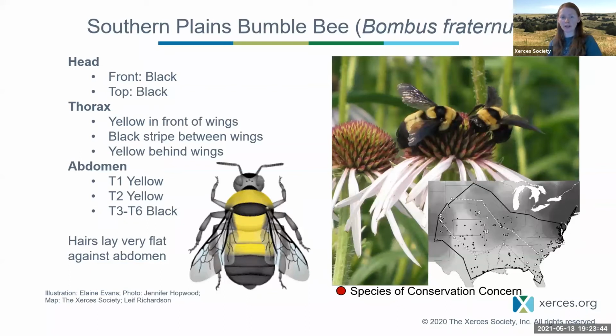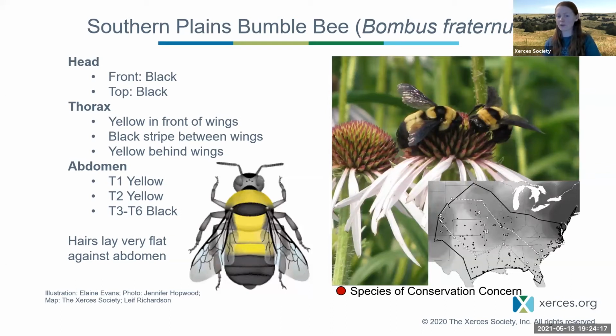Then we have the Southern Plains bumblebee, or Bombus fraternus. This one has black hairs on the front of its face and the top of its head. There's a black stripe in between the wings, and the remainder of the thorax is yellow. And then there's yellow on T1 and T2. So the first two abdominal segments are yellow. And it's special because these ones almost look like they're greased back, like somebody took some gel and wiped the hairs on the abdomen back.